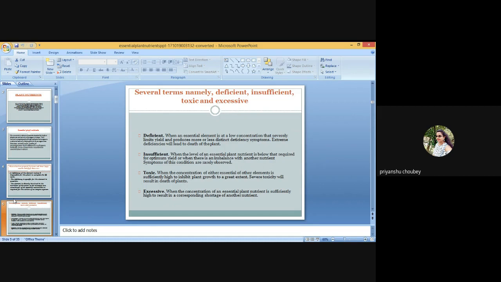A brief chronological development of different laws and approaches used in plant nutrition is given below. Liebig's law of the minimum. Liebig's law of the minimum works for Justus von Liebig.